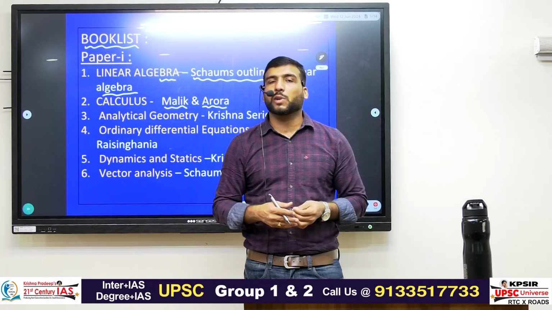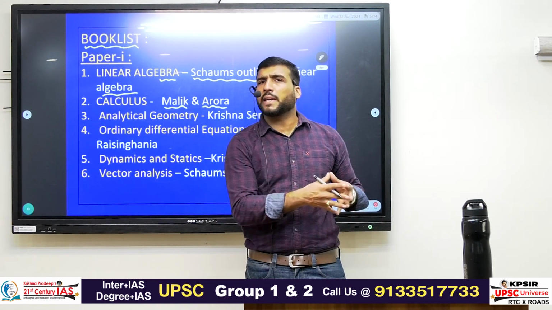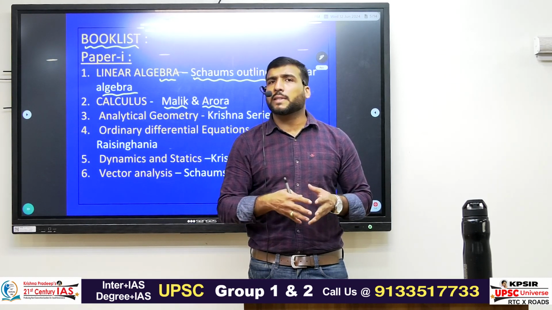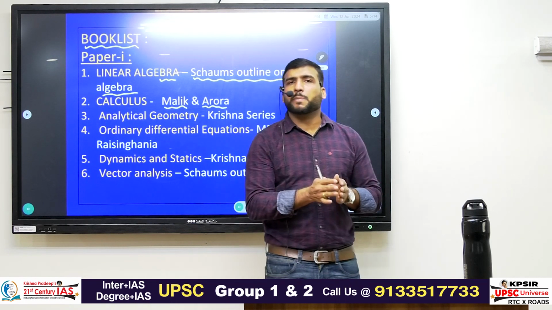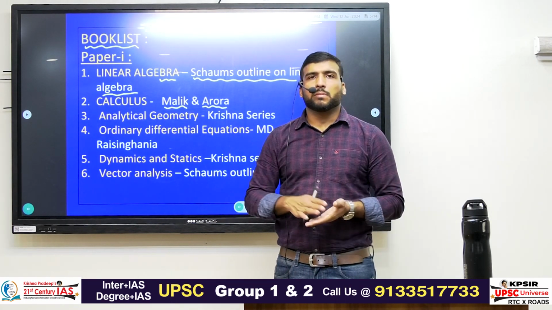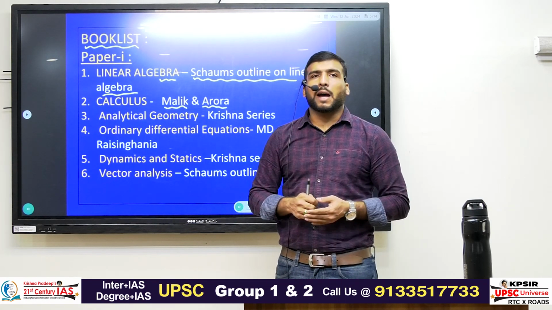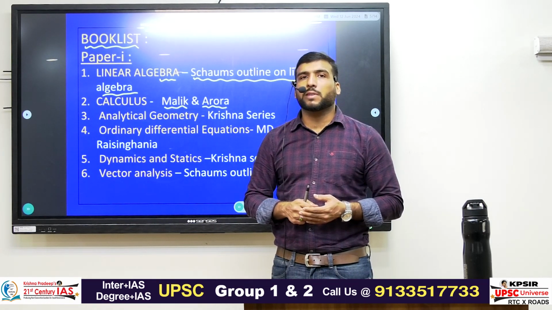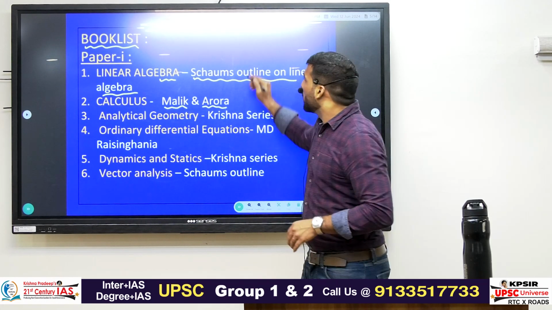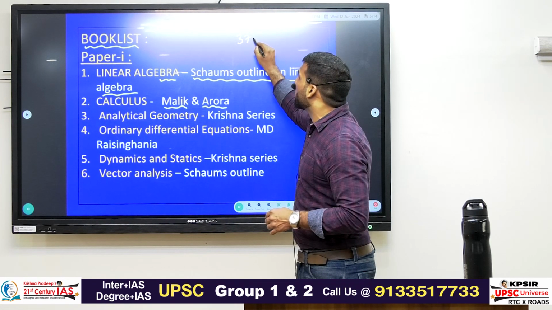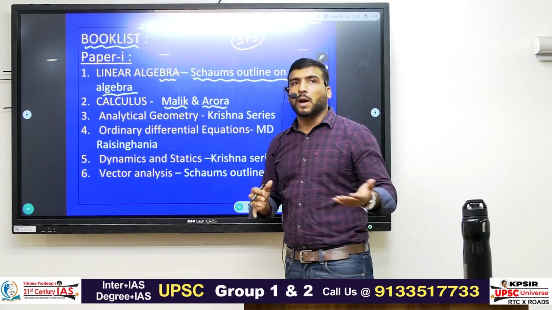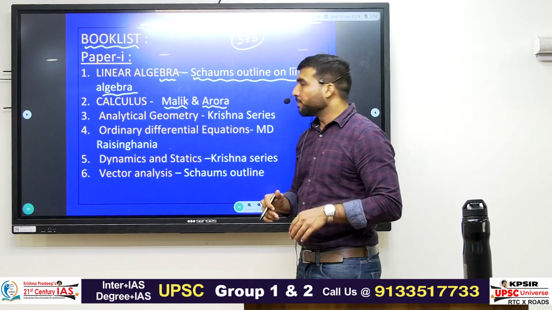The reason is that maths optional basically includes static portion and repeated questions. So for that reason, if you solve 10 years of previous year papers, it is more than enough to get command over maths. And another important aspect of maths optional is that you can score around 375, which has already been scored by successful IAS students.